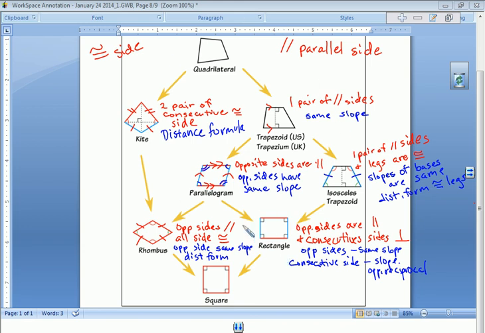Okay, so what do we have to look for a square? Specifically, we'll do opposite sides parallel, consecutive sides perpendicular, and all sides congruent. So we want to show that opposite sides have the same slope.